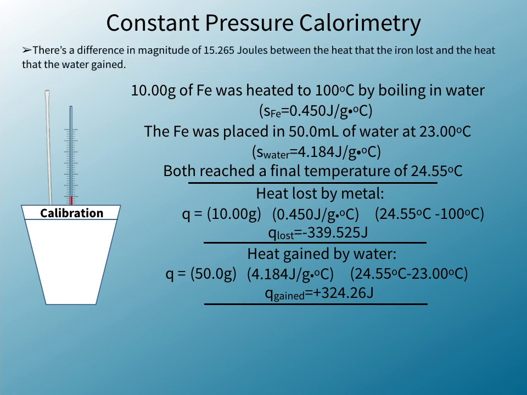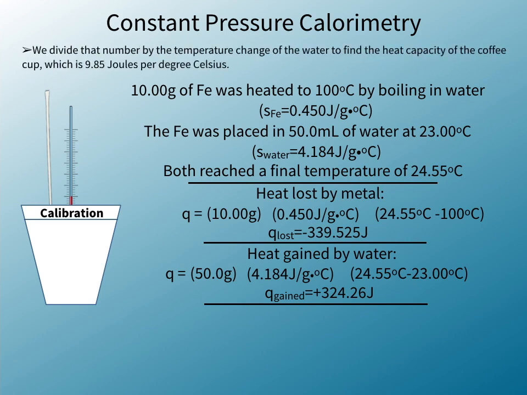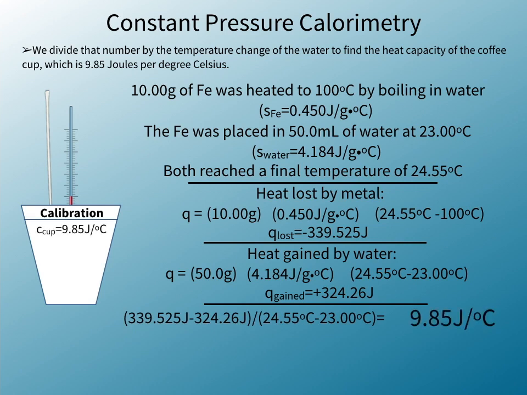There's a difference in magnitude of 15.265 joules between the heat that the iron lost and the heat that the water gained. The difference between the heat lost by the metal and the heat gained by the water must be the heat that escaped. We divide that number by the temperature change of the water to find the heat capacity of the coffee cup, which is 9.85 joules per degree Celsius.